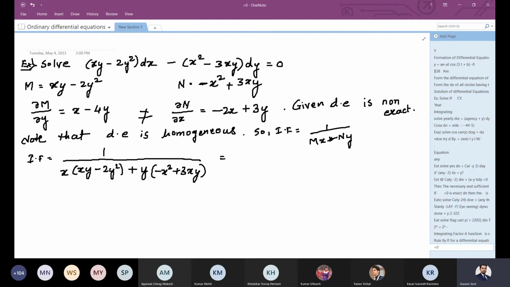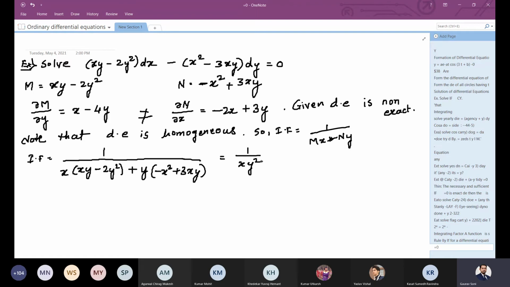Both of them will get cancelled out. So minus 2xy square plus 3xy square. So the integrating factor is 1 upon xy square. Please check the calculations again. Yeah, it is correct. So we have got the integrating factor.